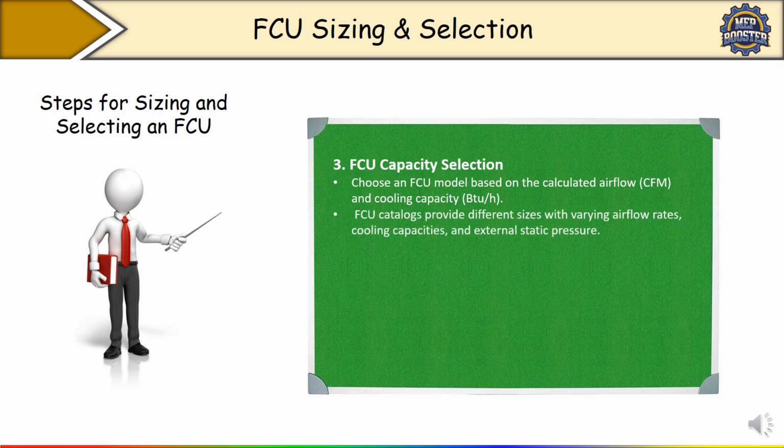FCU catalogs provide different sizes with varying airflow rate, cooling capacity and external static pressure. So these are the things. First, airflow is needed. Clear? Cooling capacity, as I told you, you have to determine the heating and cooling load, and after that you have to calculate the external static pressure for the fan selection.